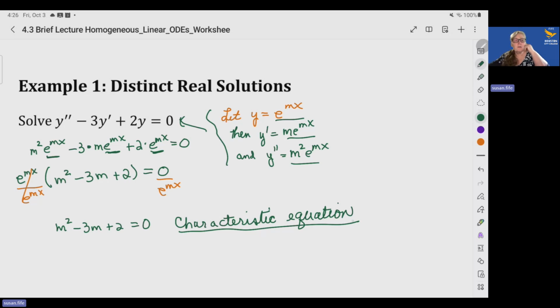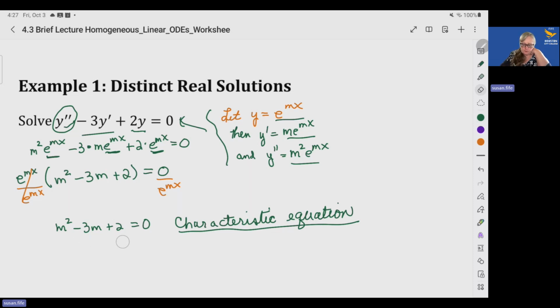Notice how it relates to the original differential equation. We have our second derivative gives us the second power, m squared, minus 3 times the first derivative gives us minus 3 times m to the first, and then plus 2 times y, no derivative of y, gives you just plus 2, is equal to 0.